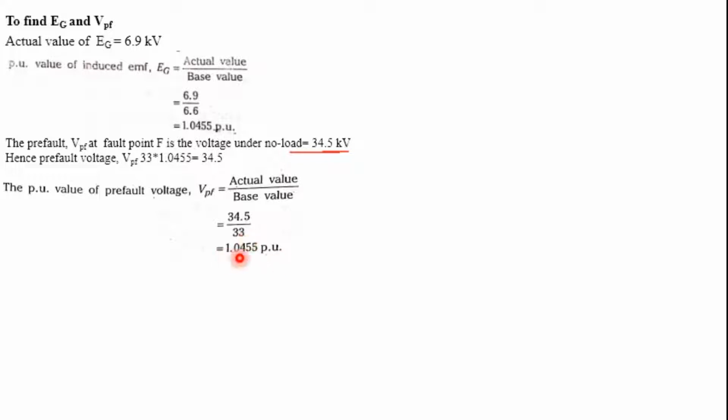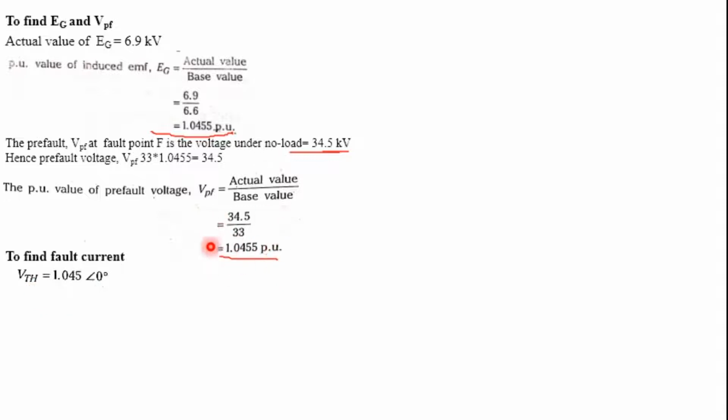So you get 1.045. You can see the equation here: this one is referred to the primary side and this one to the secondary side. From this we can once again prove that the per unit value can be applied to either side of the transformer.